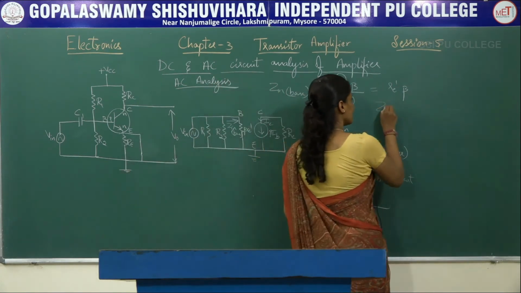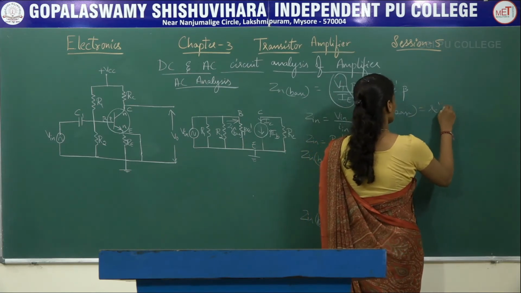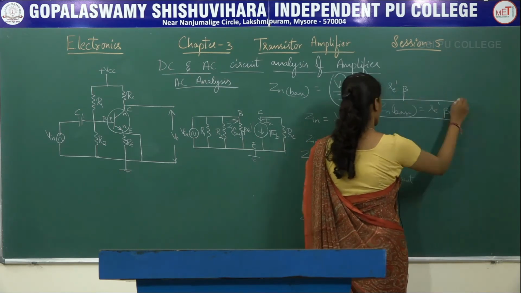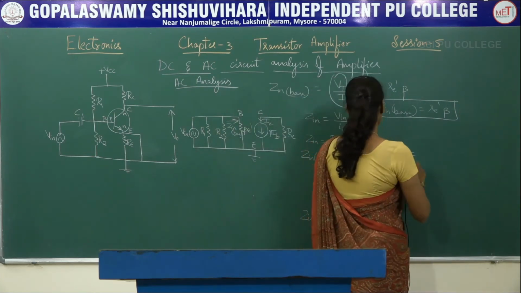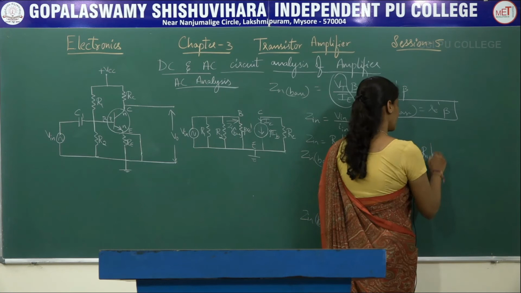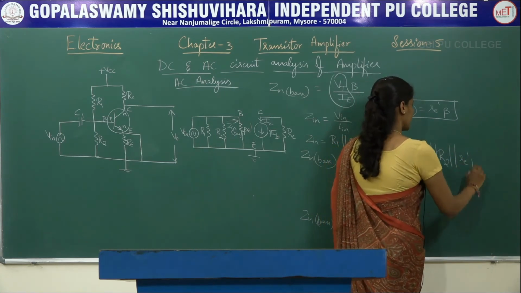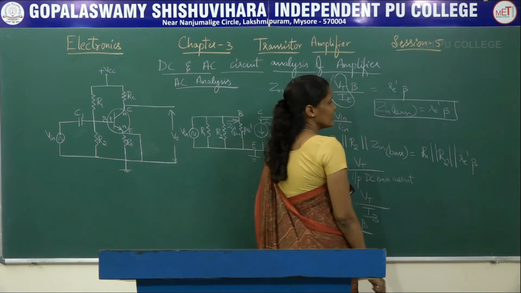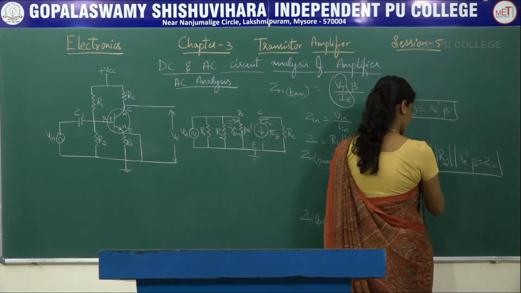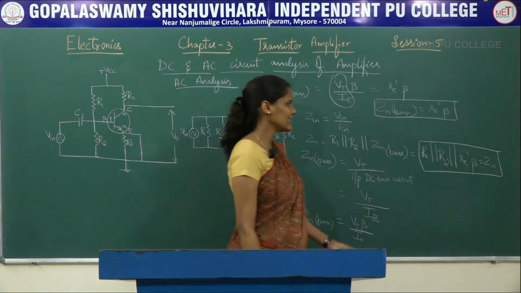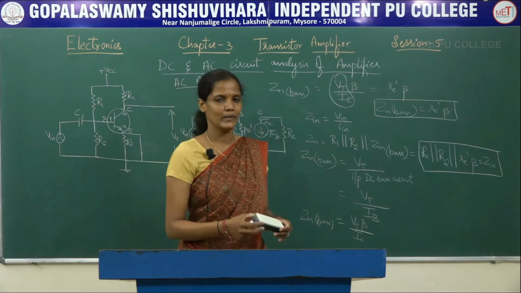So Zin base will be equal to Re dash into beta. And in this particular expression, Zin base can be replaced, so Zin is R1 parallel to R2 parallel to Re dash into beta, which gives me the input impedance Zin. So this is the formula we are going to use in order to calculate the input impedance.